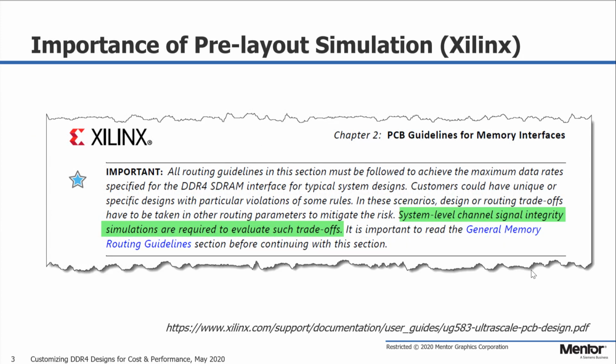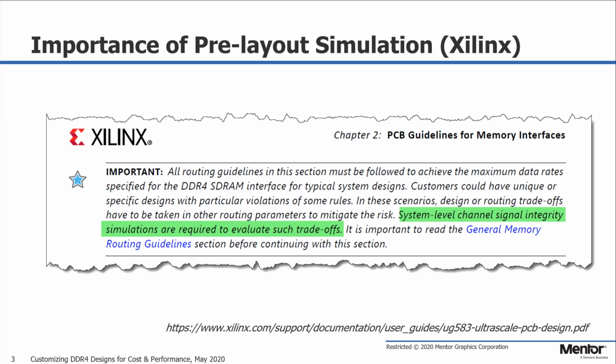The routing guidelines provided by the controller or memory vendor are quite stringent and based on a reference stackup which affects the delays, impedance, skews, return path, and so on. But most of the time, the stackup that you will use is going to be different from the vendor's stackup.